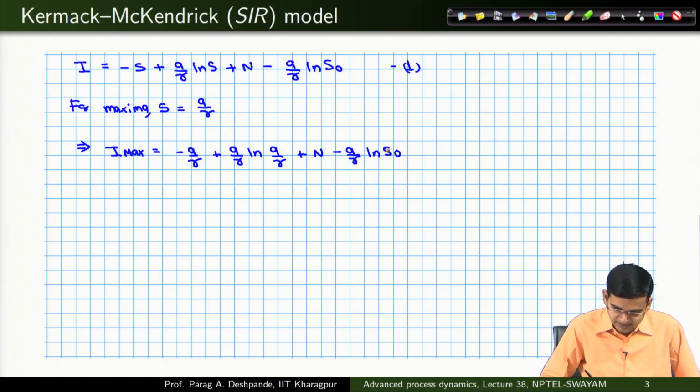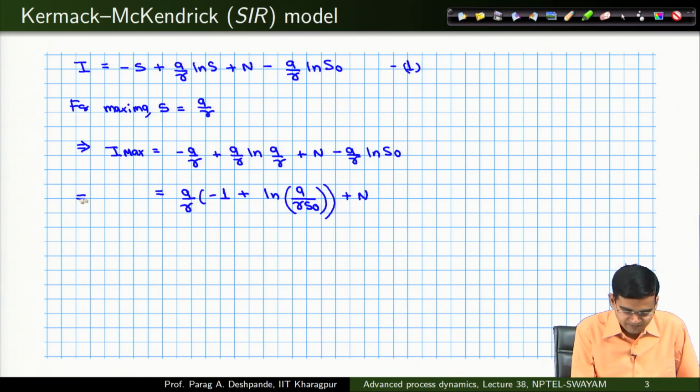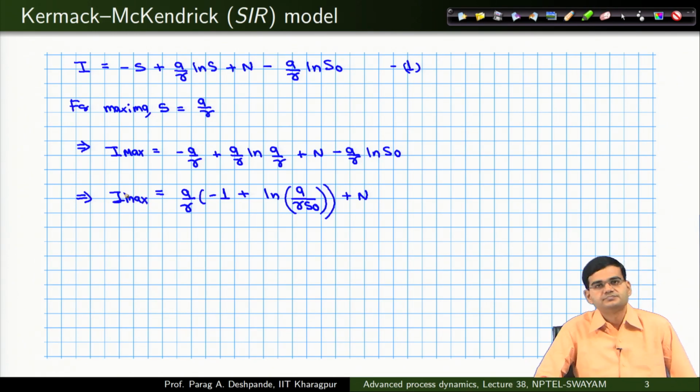So, can I do some rearrangements? Let me write this as a upon r minus 1 plus ln (a upon r S0), plus n, is equal to I max.